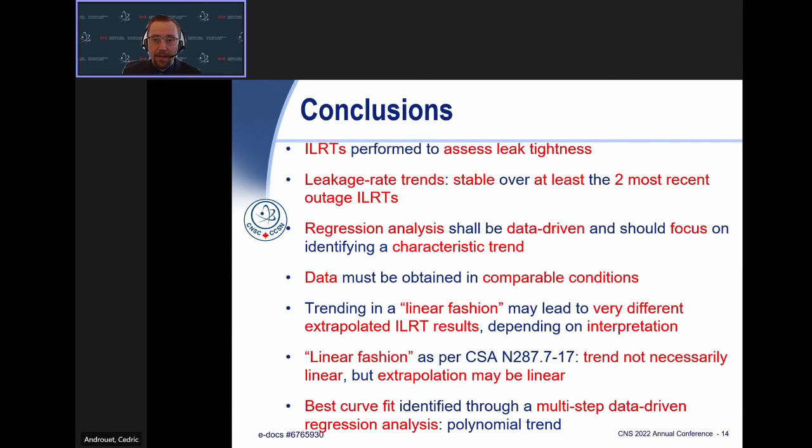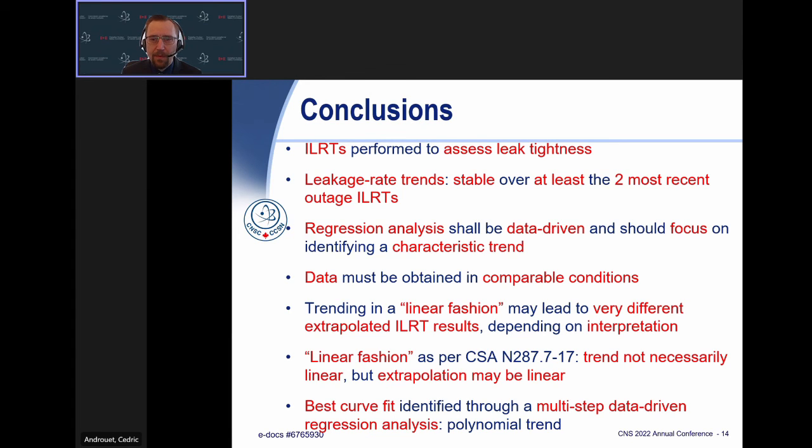In particular, linear fashion as expressed in CSA N287.7-17 does not necessarily mean that the trend obtained through the regression analysis shall be linear, but rather indicates that the extrapolation of the possible expected test results may be performed in a linear fashion based on the trend identified through the regression analysis of previous ILRT results.